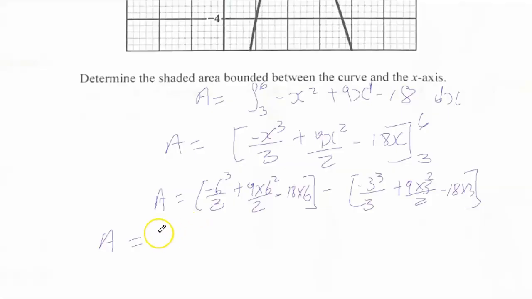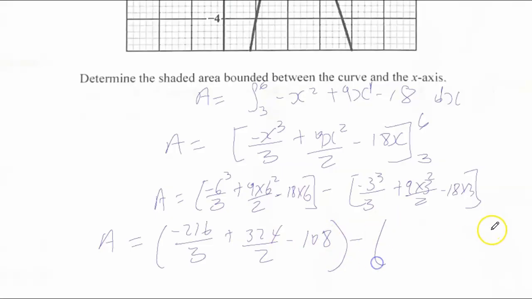So in the first bracket, negative 6 cubed is negative 216 divided by 3, plus 9 times 6 squared, 6 squared is 36, that's 324 divided by 2, and 18 times 6, that's 108, minus, now negative 3 cubed is negative 27 divided by 3, so that's negative 9, plus 9 times 3 squared, that's 9 times 9, that's 81 over 2, and 18 times 3, that's 54.